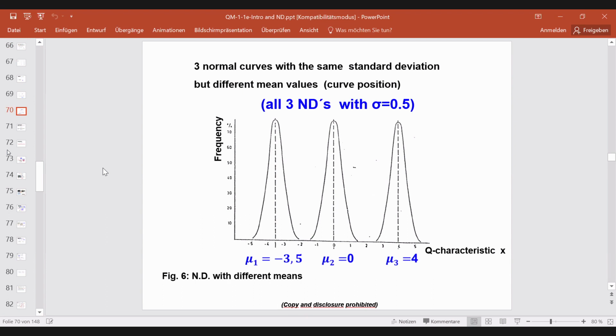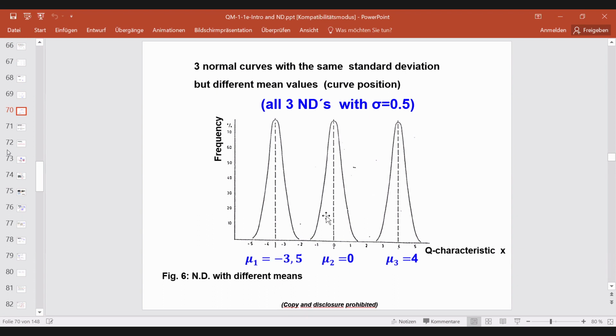In this case, every normal distribution has the same standard deviation. So the sigma is the same, it's 0.5. But here you have different means. Here you have a mean of 0, here you have a mean of 4, here you have a mean of minus 3.5.